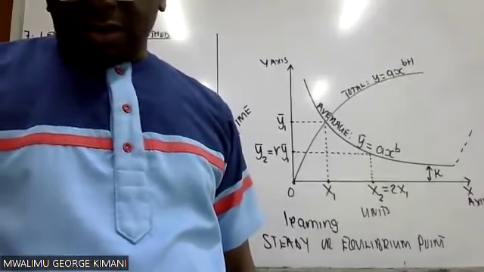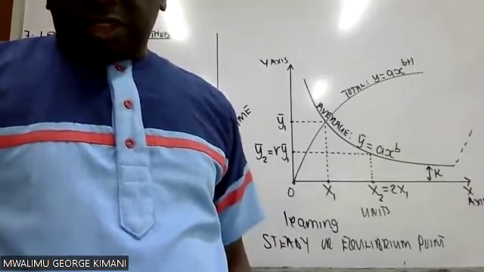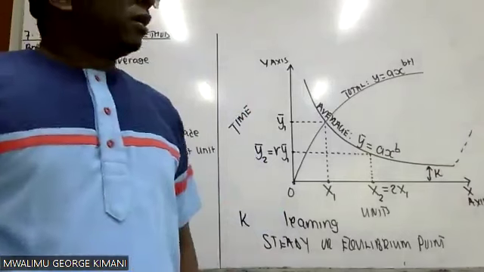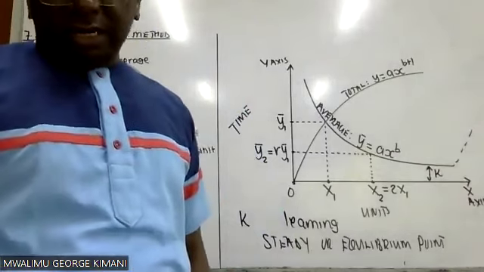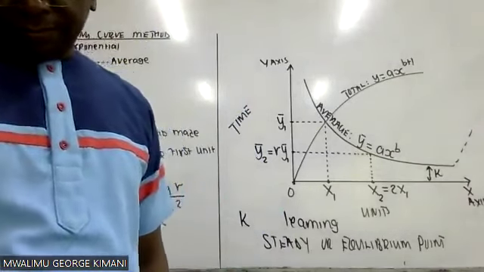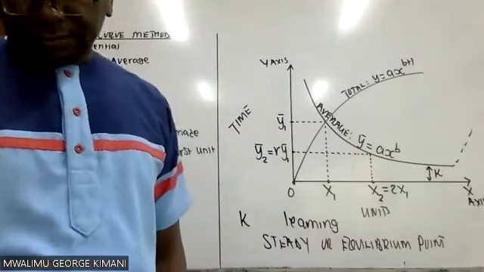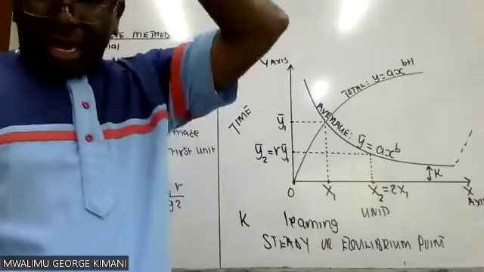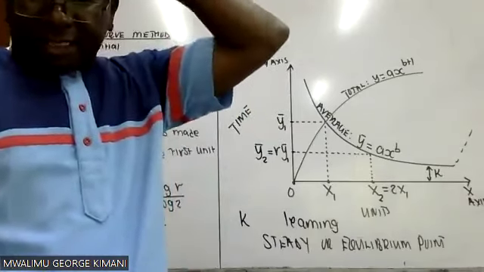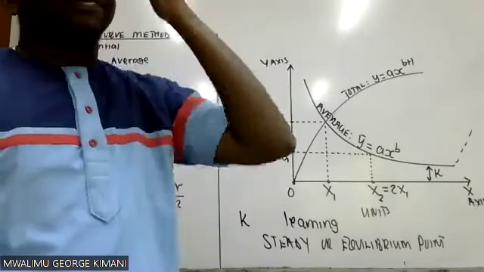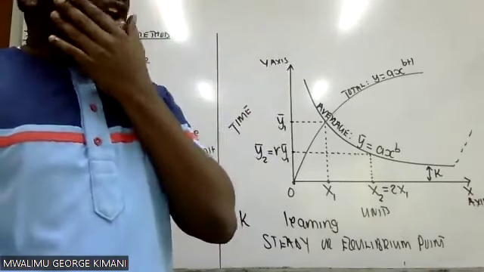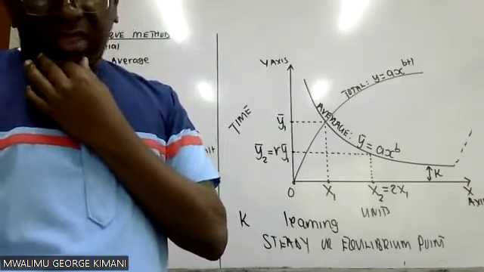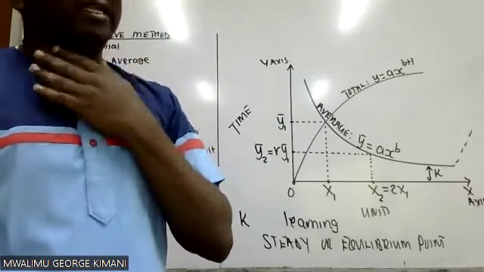Number four, the job is predominantly manual. Number five, the job is directly related with time. That is direct labor.